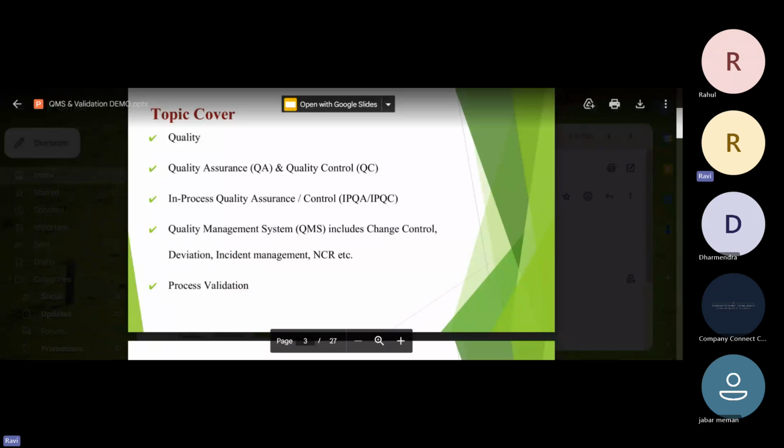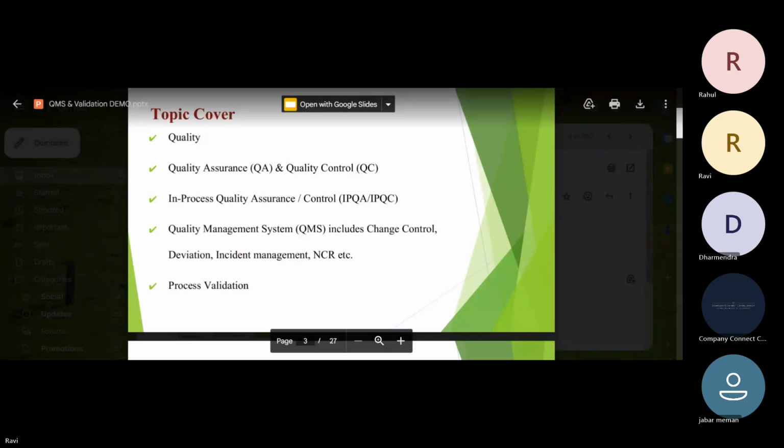We have to assess this with the cross-functional departments. The cross-functional departments will give their concurrence. After that, the quality assurance person will evaluate the change proposed by the user department, followed by the head of QA, who will approve or reject the change control.